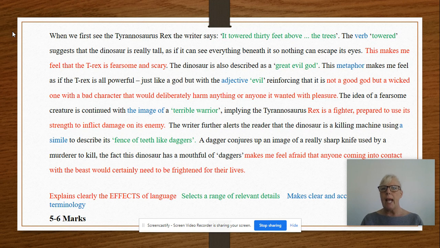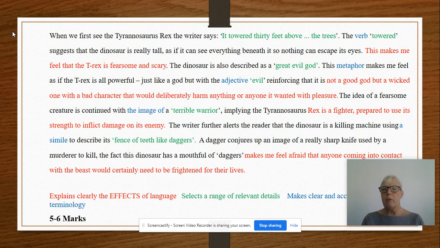So we've got here the adjective evil. So again, correct, and focuses in using that word, reinforcing that it is not a good god, but a wicked one with a bad character that would deliberately harm anything or anyone it wanted with pleasure. So a really clear effect of the way the language is working on the reader.